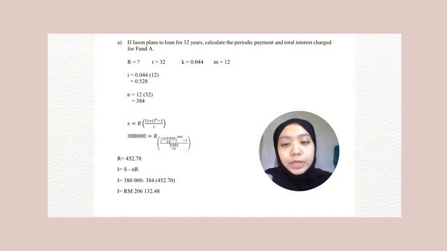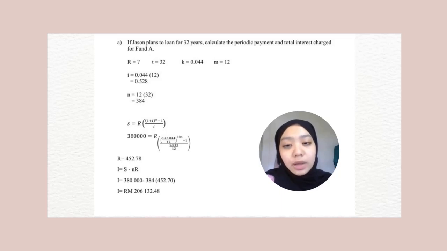Question A asks that if Jason plans to loan for 32 years, calculate the periodic payment and total interest charge for Fund A. In order to solve this question, we need to extract some of the information given from the previous question.